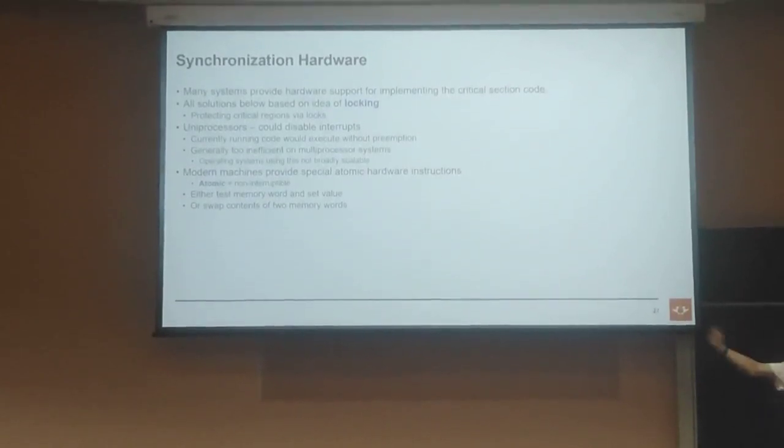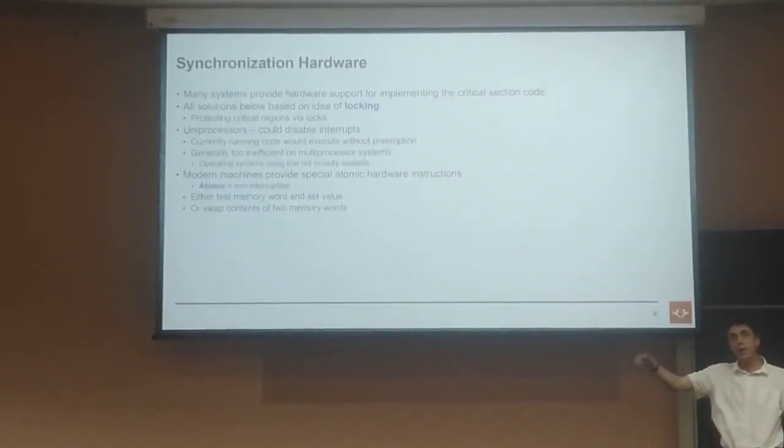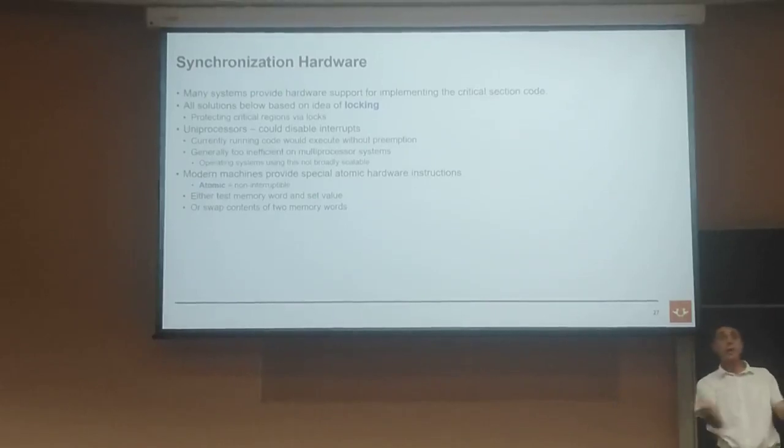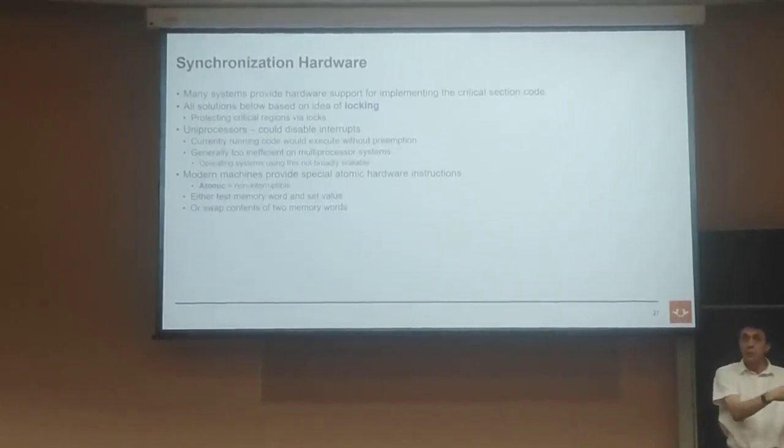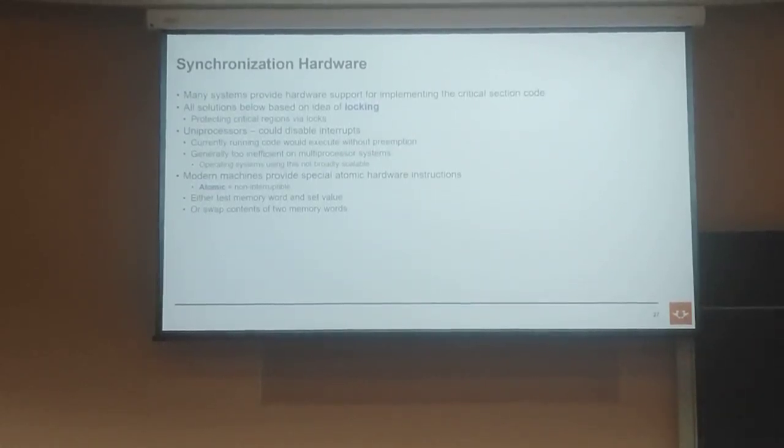We've got this quantum timer that starts counting down, and when it gets to 0, it raises a timer interrupt, and then the scheduler will start. But if it cannot raise a timer interrupt, meaning we've disabled the interrupt, then it cannot be interrupted. So that's one solution, but it can only work if you have a uniprocessor system, meaning one processor.